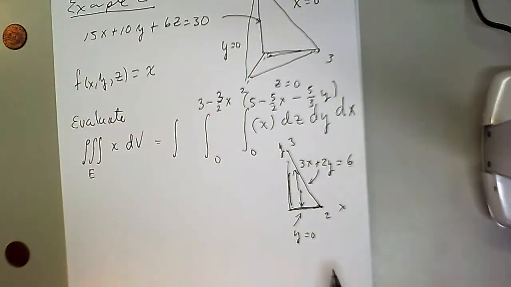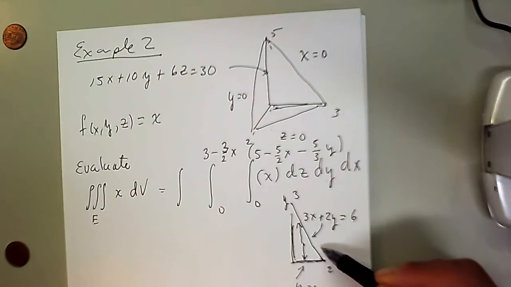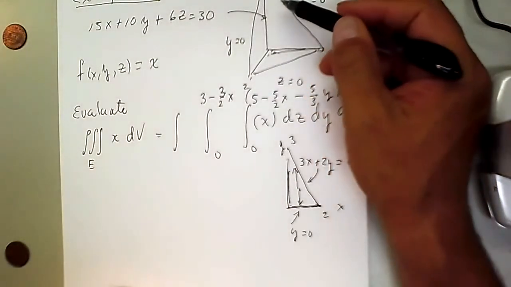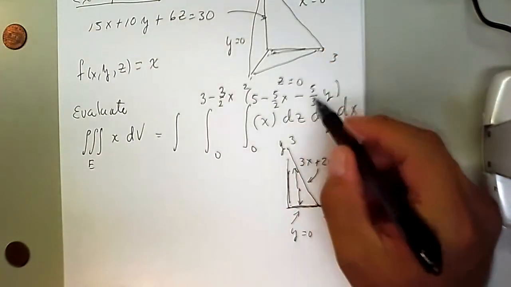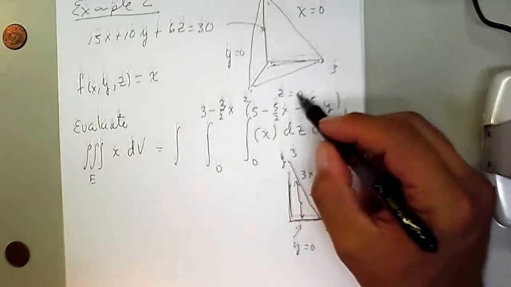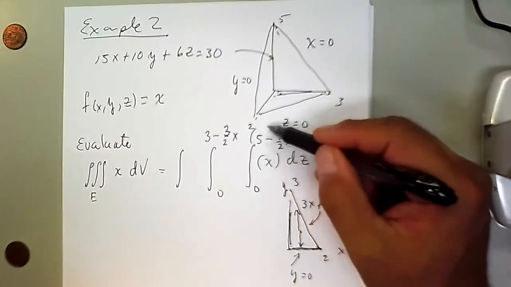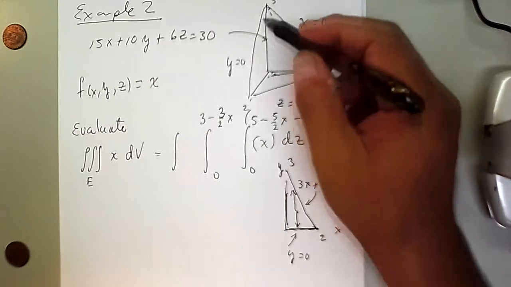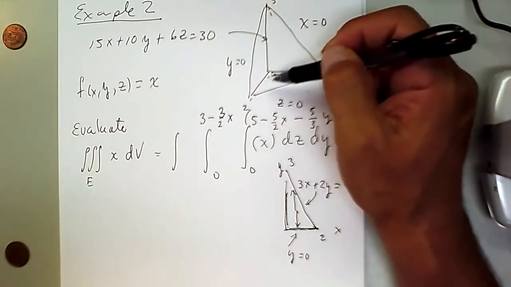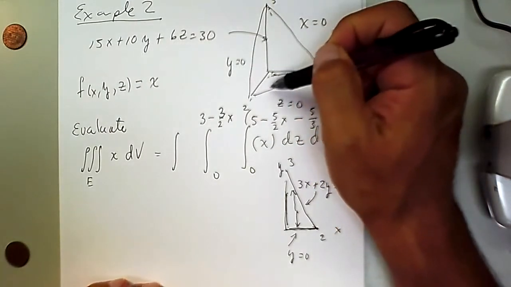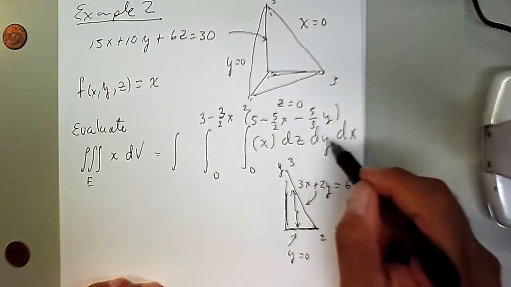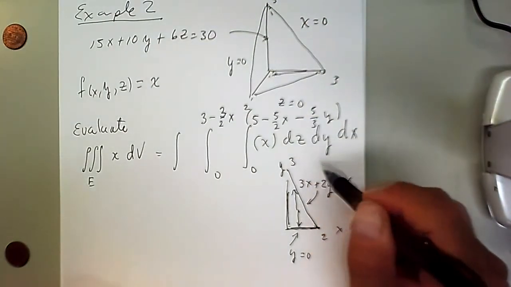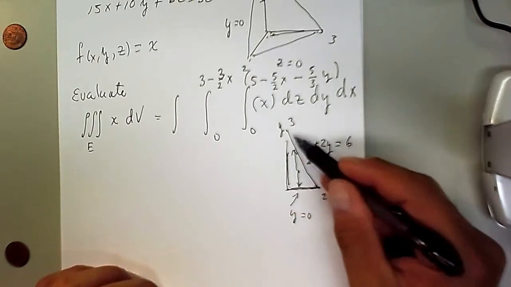Okay, so how did I obtain this triangle? If we're integrating with respect to z, we figure out the limits on z, then project this tetrahedron down to the xy plane because z is gone, z is taken care of. We end up with this triangle.